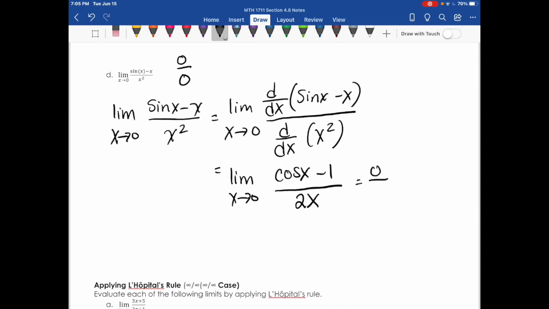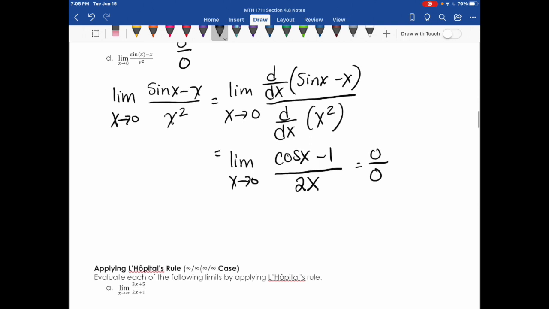The cosine of 0 is 1, and I get 1 minus 1 on the top. And then I get 0 in the denominator. So this is a case where I can use L'Hopital's rule a second time because I still have that indeterminate form. So I'm going to take the derivative again.